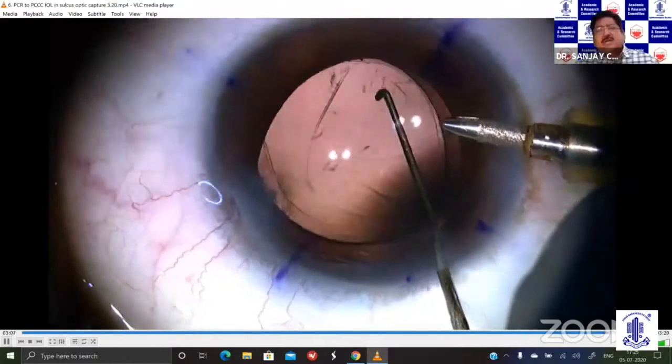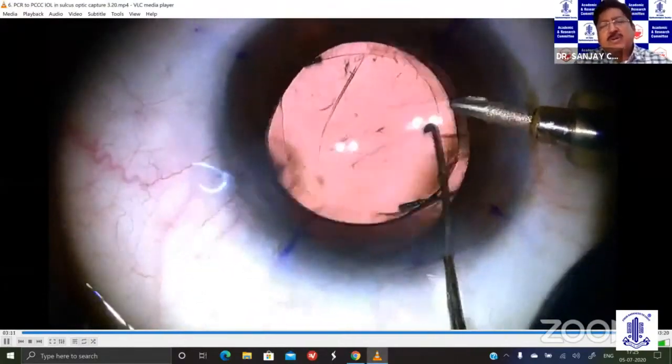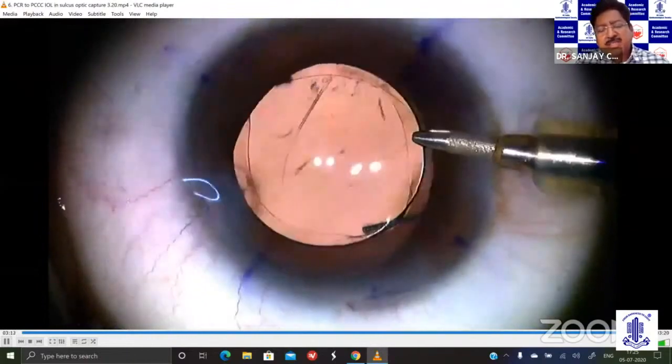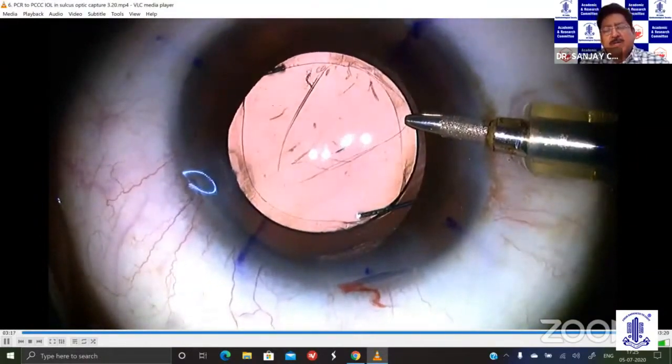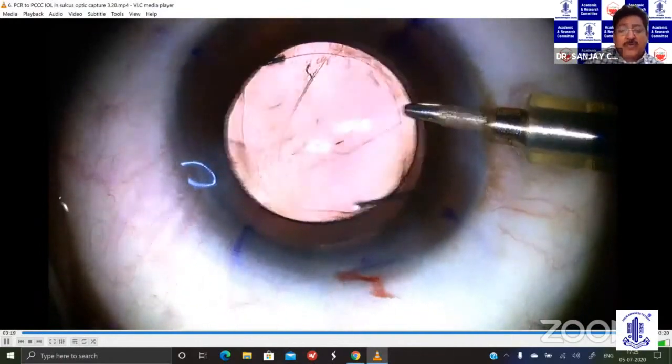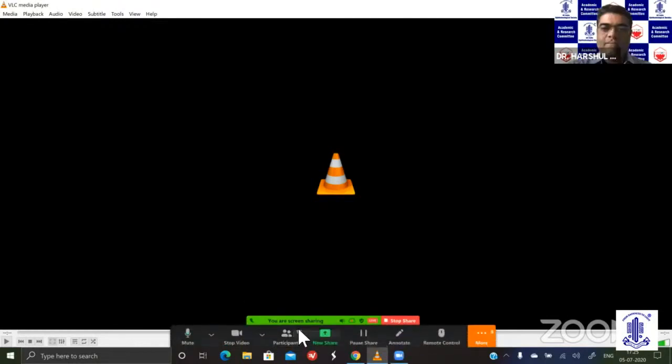So you fixed it to the anterior capsule, and the lens is central. It is in position. There was no risk of the viscoelastic falling into the vitreous cavity because you have not used the visco at all.